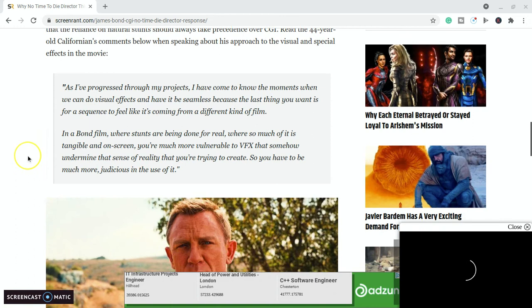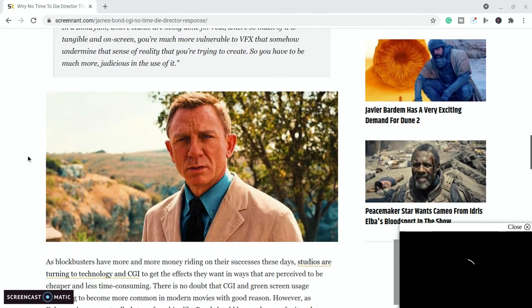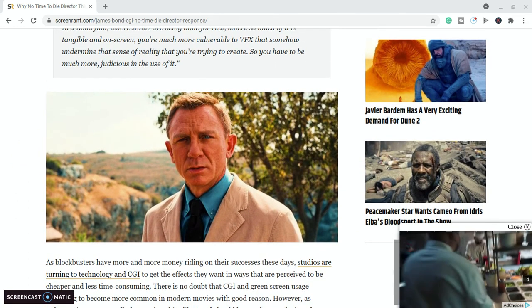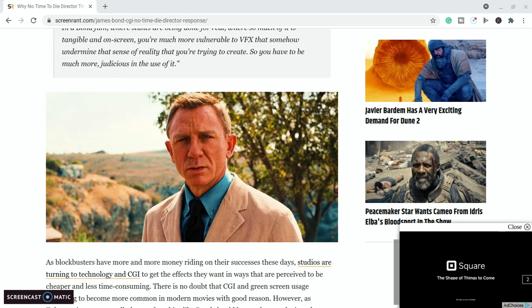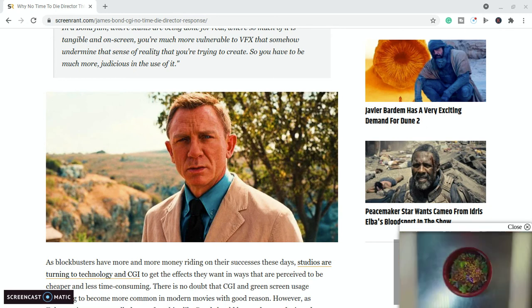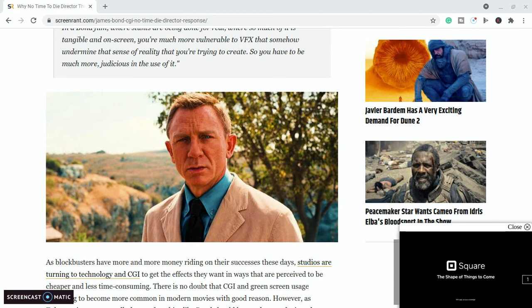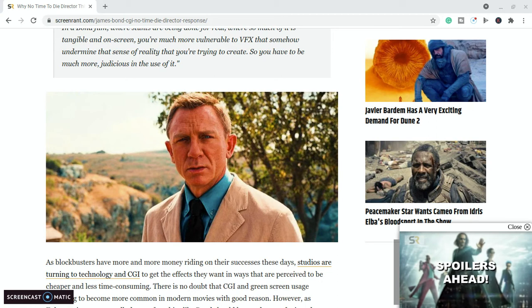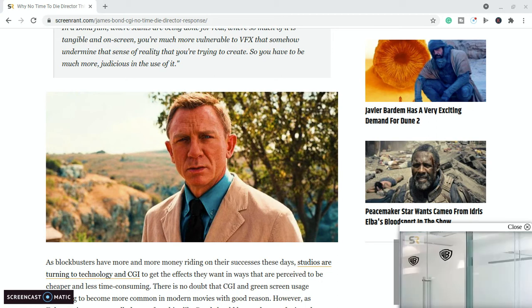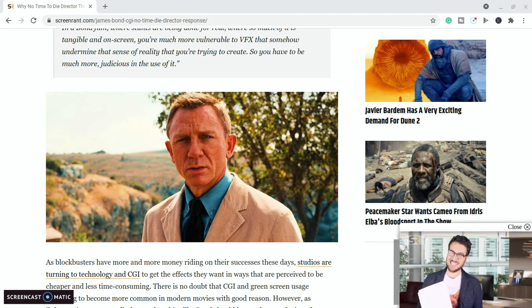And I have to say, I thoroughly agree with this because, yes, there are certain movies where CGI is probably a good idea. I mean, Endgame had so much CGI that for me it was a bit of a CGI overload, because you could see at some points where the CGI was and where it wasn't. But with Bond films, it's created this reputation whereby it does fantastic stunts, and the stunts are real as much as possible.